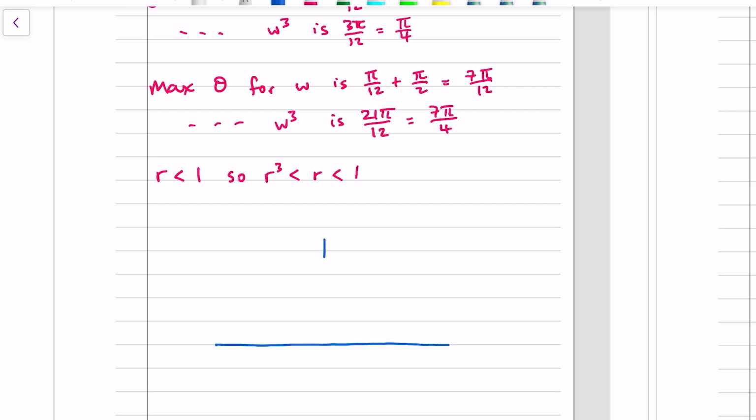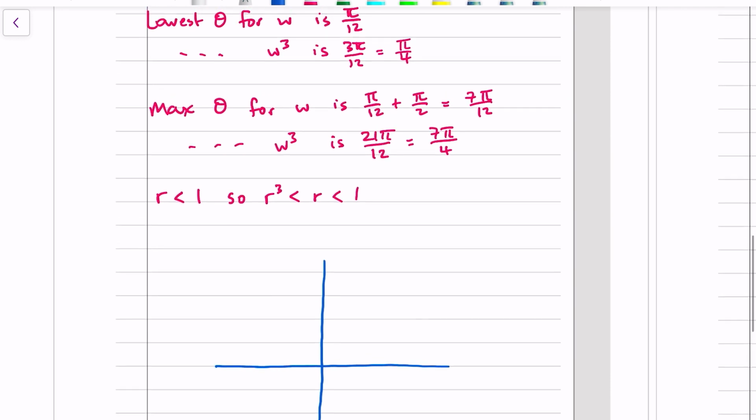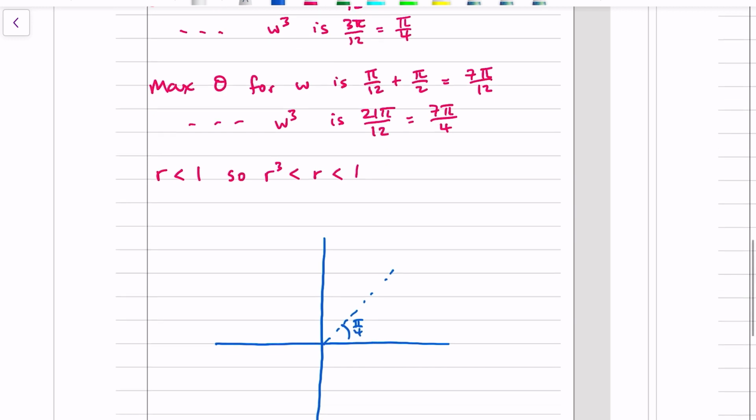If you've never seen the question before, then you're in for a bit of a treat here. The lowest value of pi over 4 for the argument is 45 degrees. The largest value is 7 pi over 4, which is the same as negative pi over 4, so that there's a right angle.